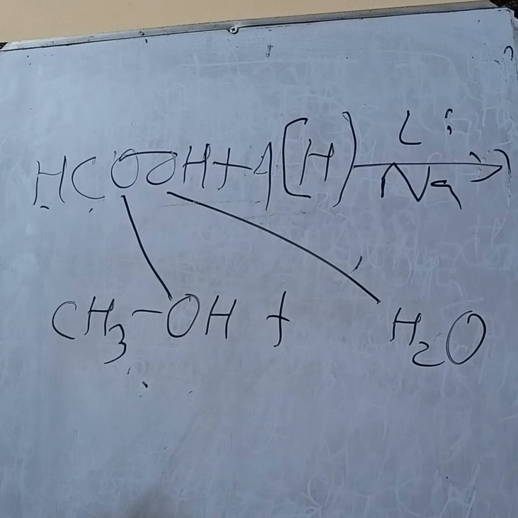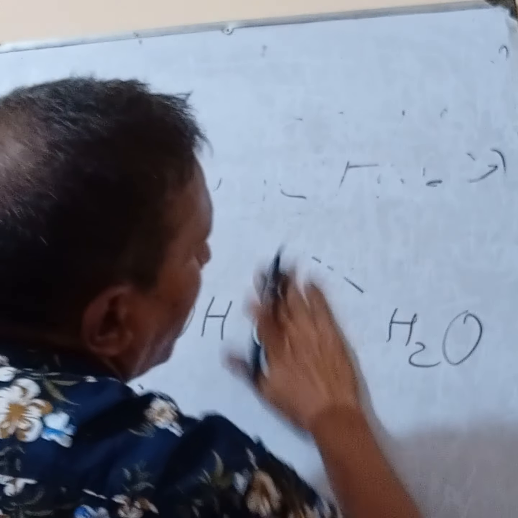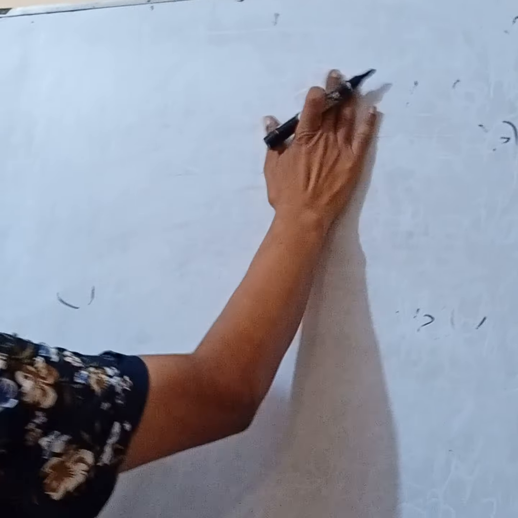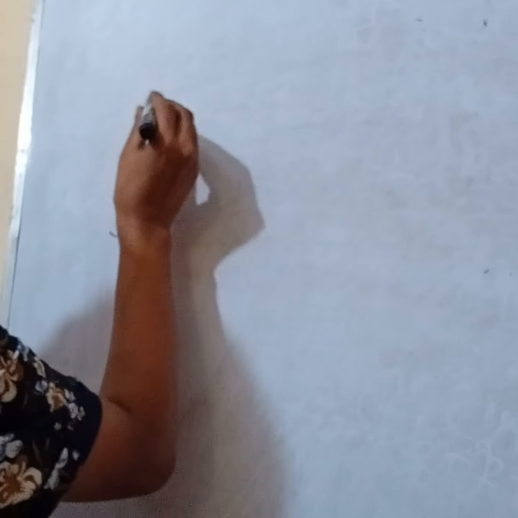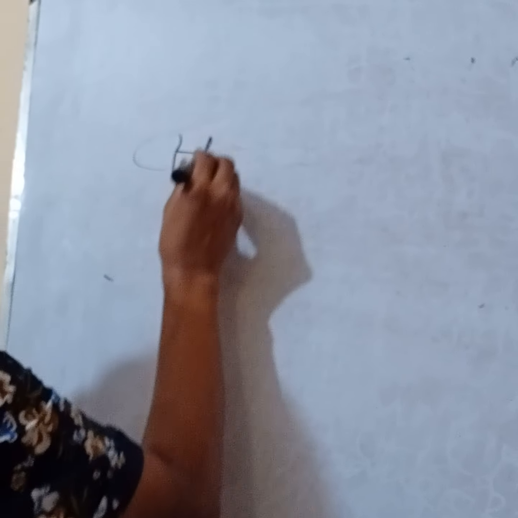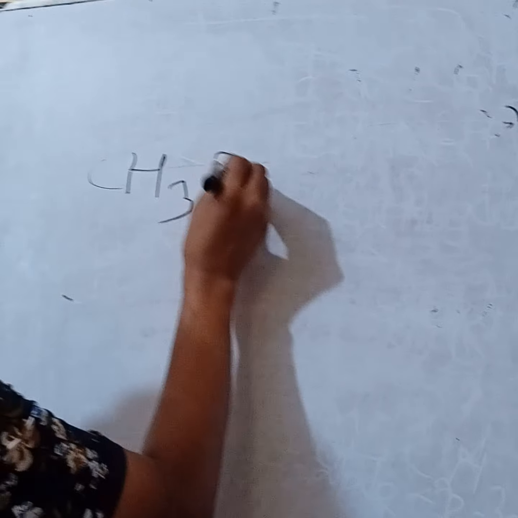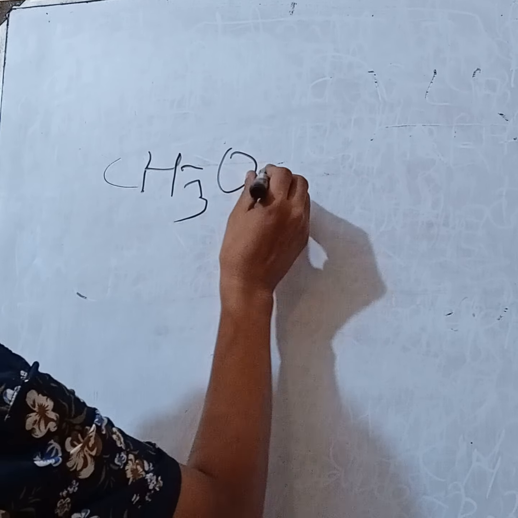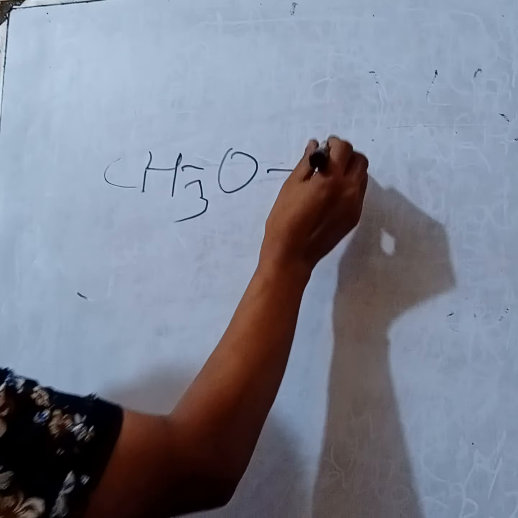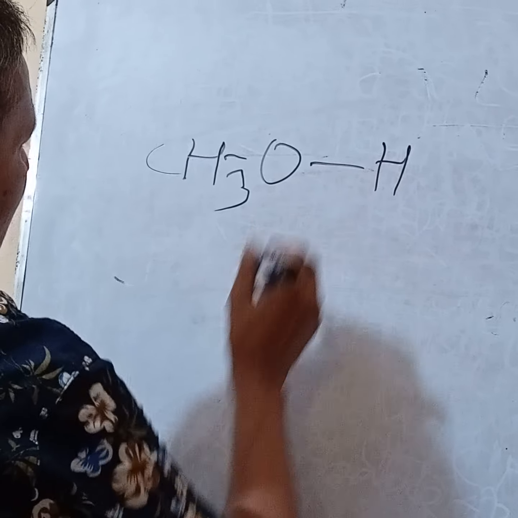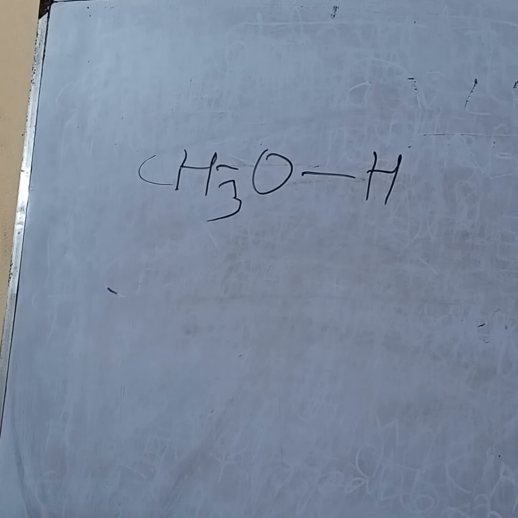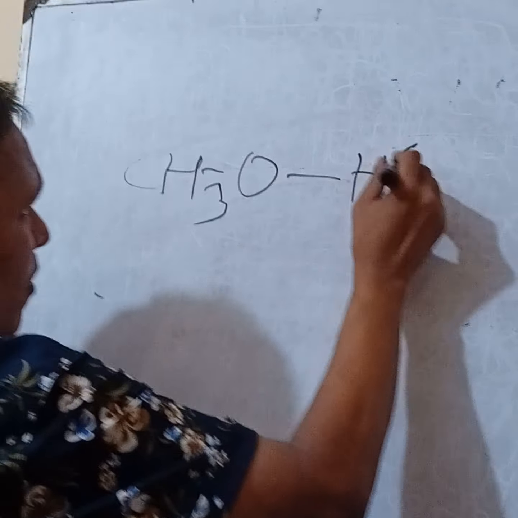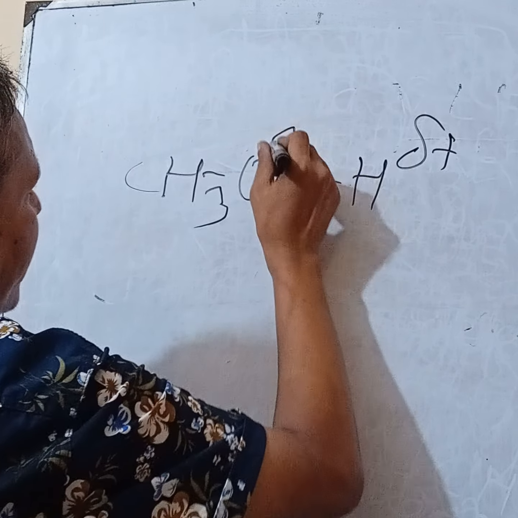Then I am discussing the chemical or physical property of methanol. This is methanol. Hydrogen and oxygen: hydrogen is more positive, oxygen is more negative.